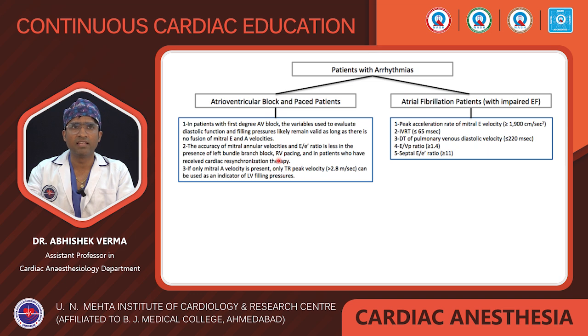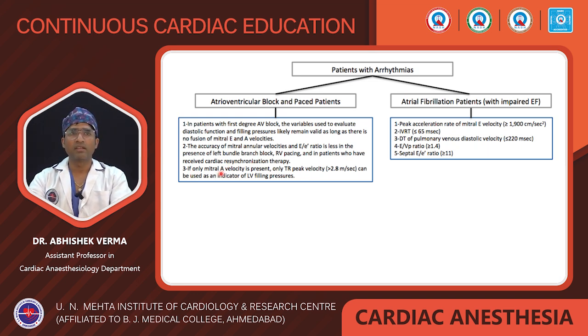The same is true in RV paced patients, or patients who have received cardiac resynchronization therapy. In these, the E by E prime ratio is not valid. And if only the mitral A velocity is present, then only TR velocity can be used as an indicator of the LV filling pressure.